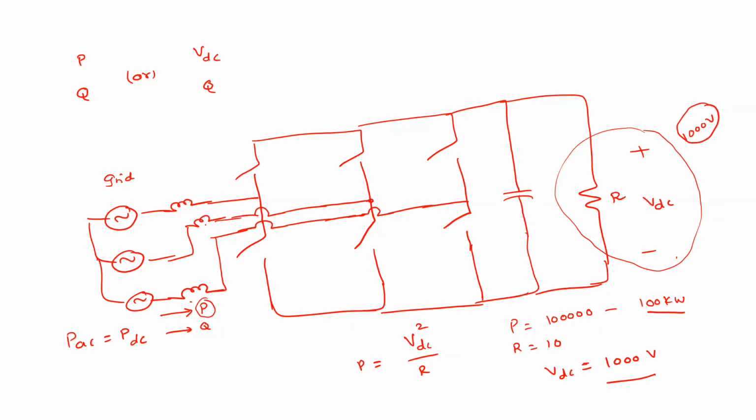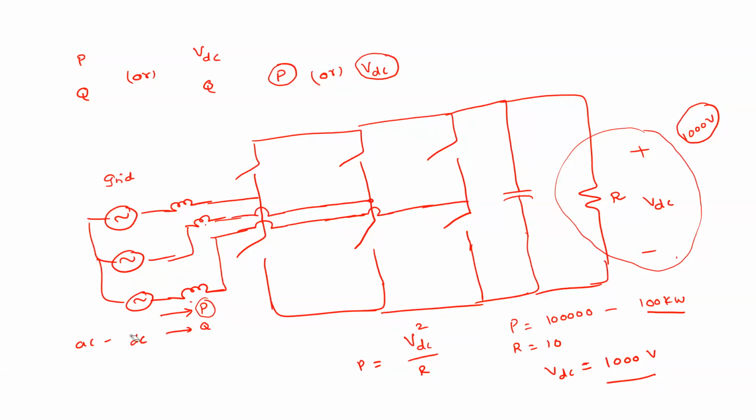So that means we can either fix this P value, in other words control P, or we can control VDC. Either we can control P or we can control VDC, but you cannot control both, right? If the load is constant, we cannot control both. Similarly, let us assume this voltage is VDC.